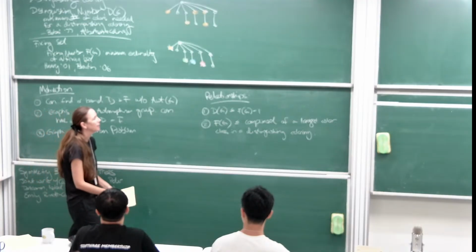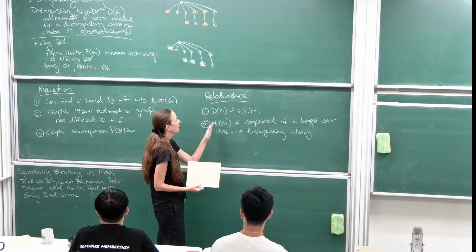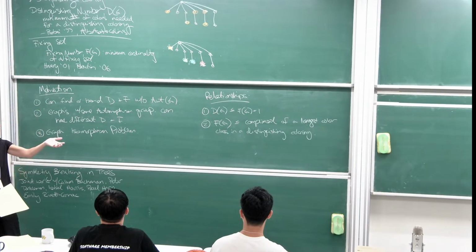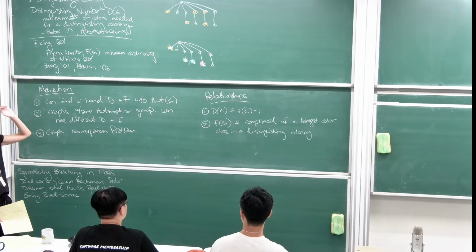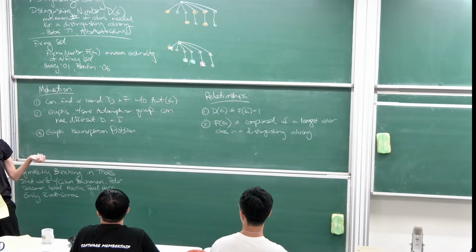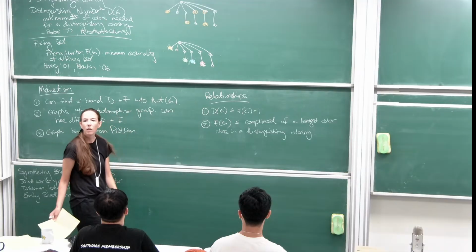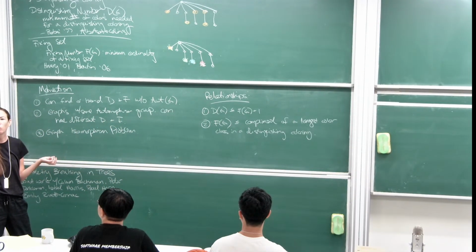Okay, so something else I'm interested in is the range of what can happen. So let me jump way ahead to the end. When you're talking about distinguishing coloring, what you're doing is minimizing the number of colors used. But you can also say, well, I want to minimize the number of vertices that are receiving a new color. And so when you're doing that, it turns out that this is best possible, but you can also ask what happens along the way.